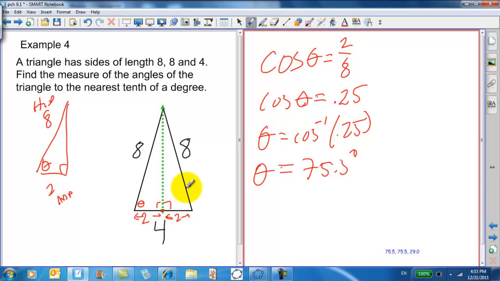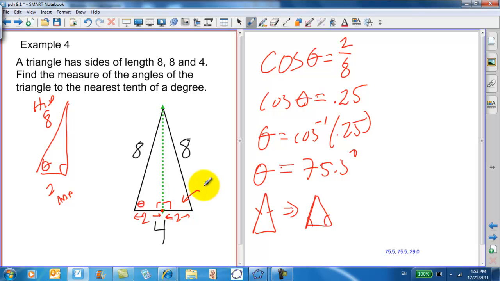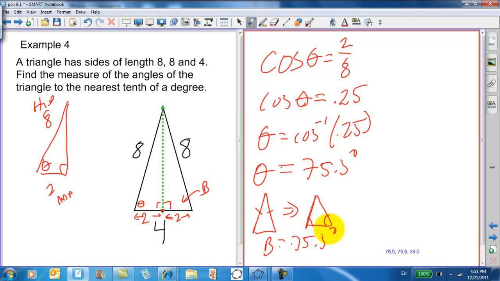Now, remember how from geometry, congruent sides leads to congruent angles. So our other angle over here, let's call that beta. Beta is also equal to 75.5 degrees. And now we can get the third angle. Let's call this alpha up here.